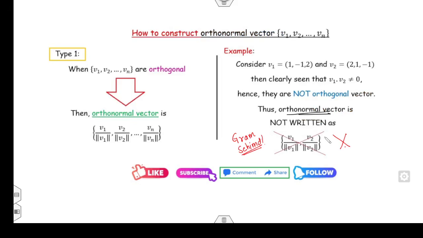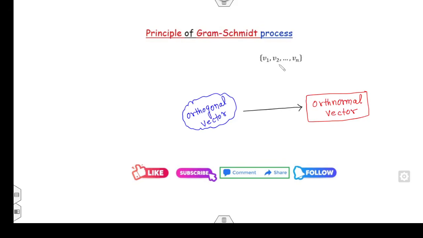Yes, of course, because once you know the orthogonal vectors, then we can define the orthonormal vectors by using this procedure. So that means my target is to construct the orthogonal vectors from the given set of the vectors.